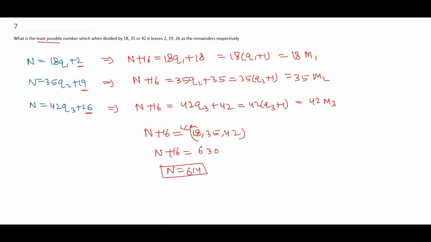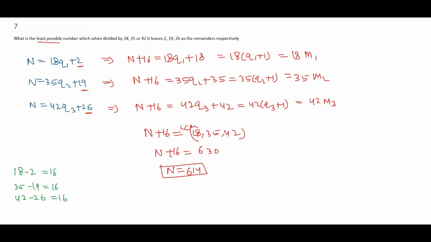Now this is the method of how we are getting it actually, but you can have a shortcut also. The shortcut came from this method only. Now what is the shortcut? See the difference between divisors and the remainders. 18 minus 2 is 16. Again 35 minus 19 is 16, and 42 minus 26 is again 16.